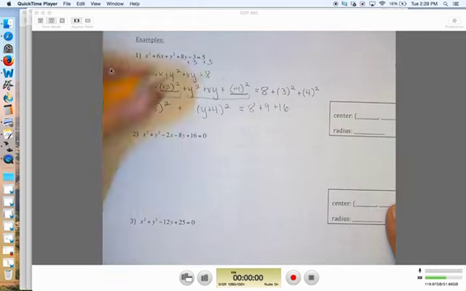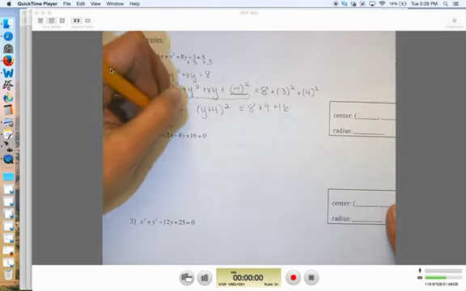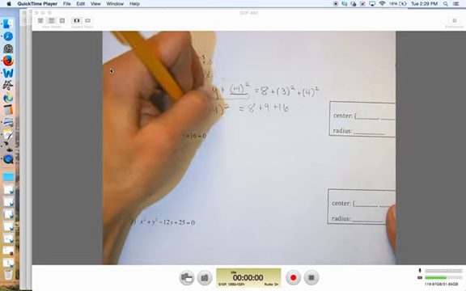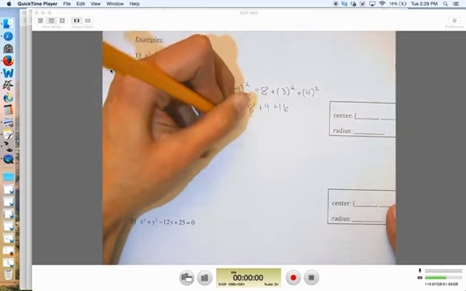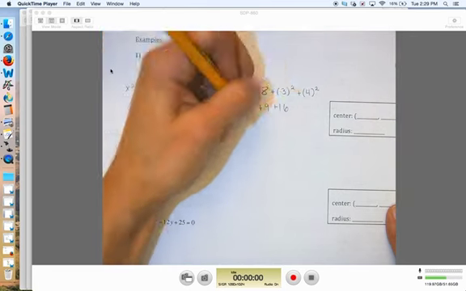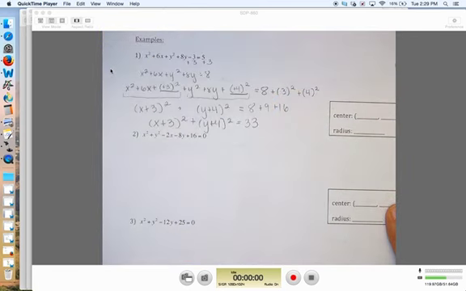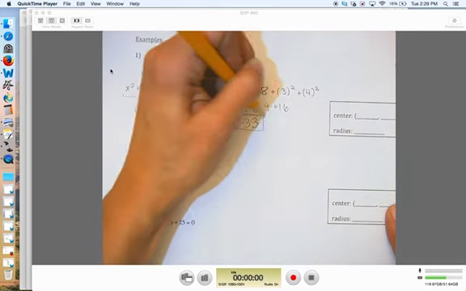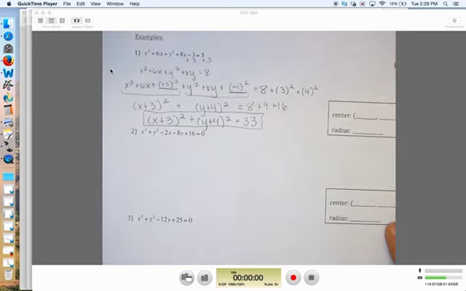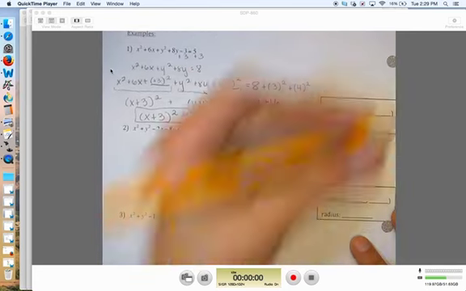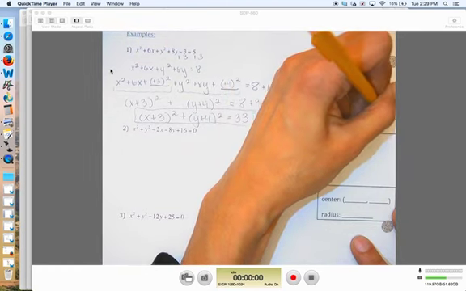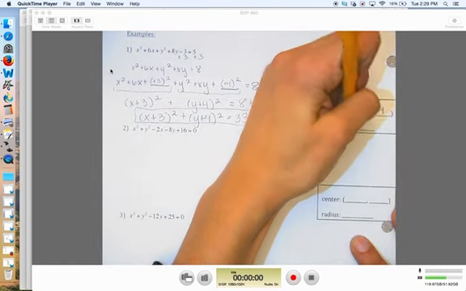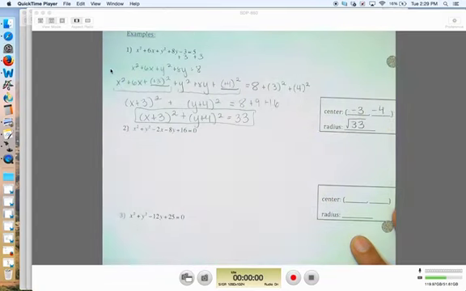Our last step is just to simplify. So we have (x plus 3) squared plus (y plus 4) squared equals 33. Here's our equation. The center of the circle is (-3, -4). And the radius is the square root of 33.